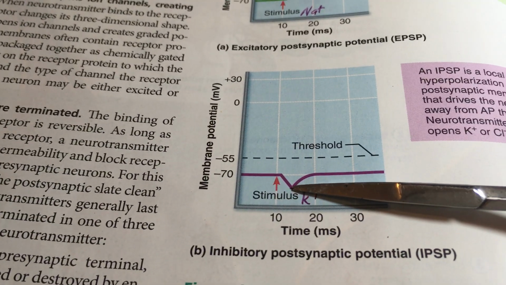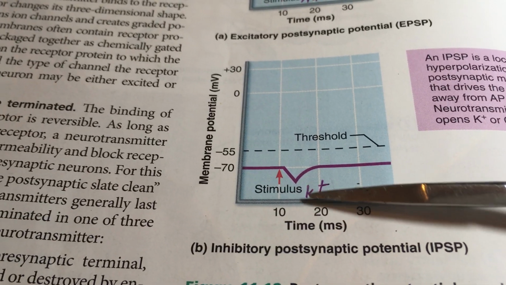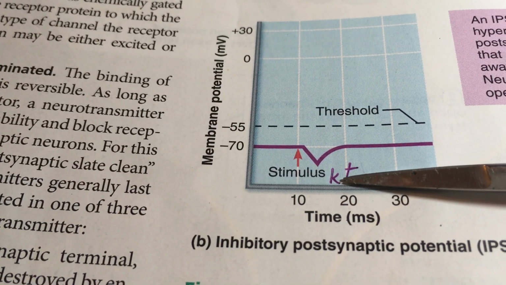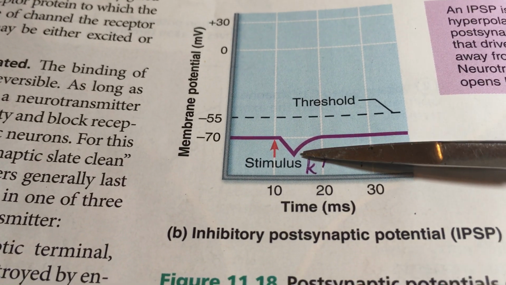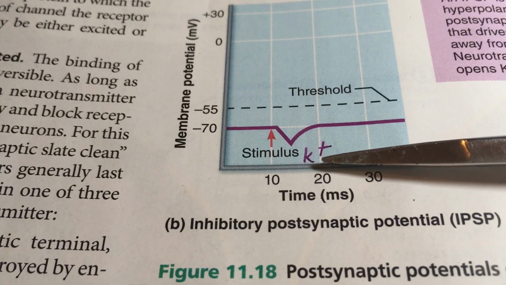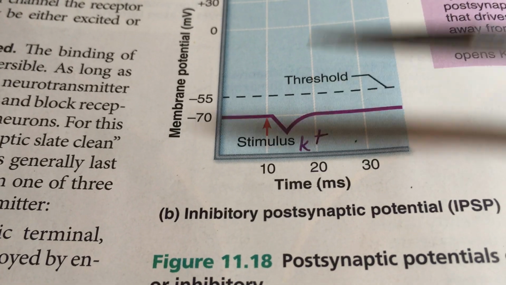And then, on the other hand, if acetylcholine were to open up a potassium channel, which it does from time to time, the vagus does that in the heart. The heart is slowed down by the vagus when the vagus opens up a potassium channel.